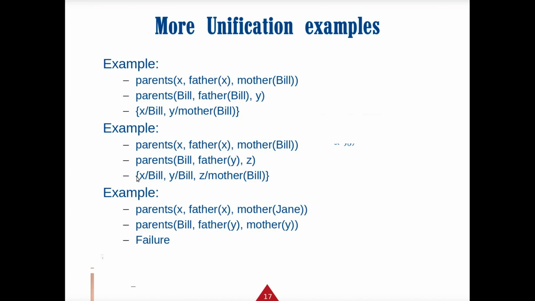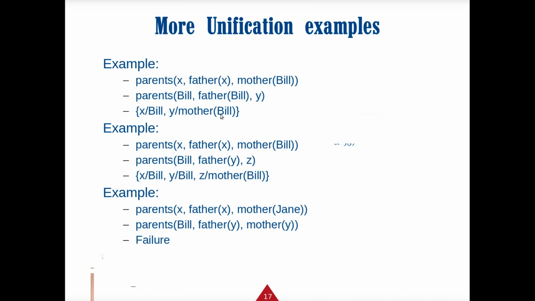So we have the parents. So we have y, father of x, or the function father x, mother of Bill. And so the parents of Bill is father of Bill, and y. And then we can get the unifier that x is Bill, and then y is the mother of Bill.